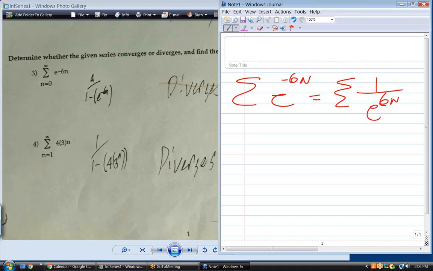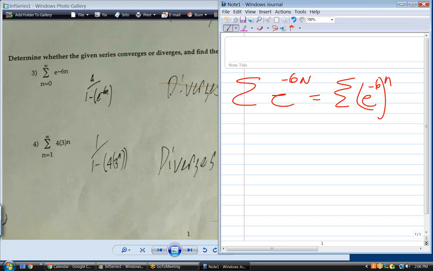Actually I don't need to write it like that, but that is what it is. The important change to make is that it's e to the minus 6 to the n power. That's the equivalency that's important.